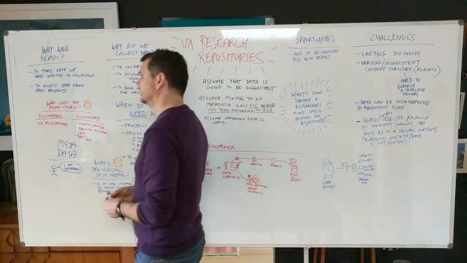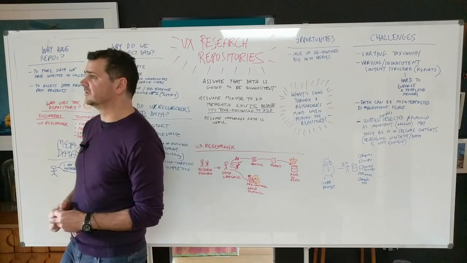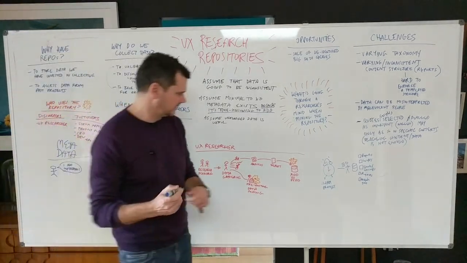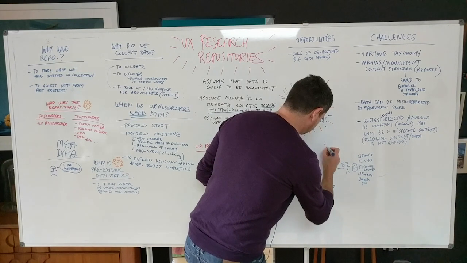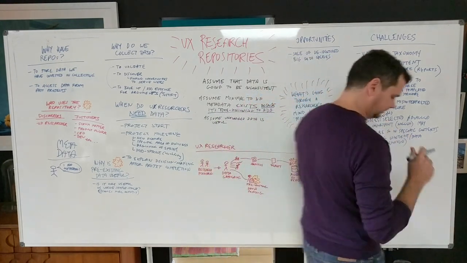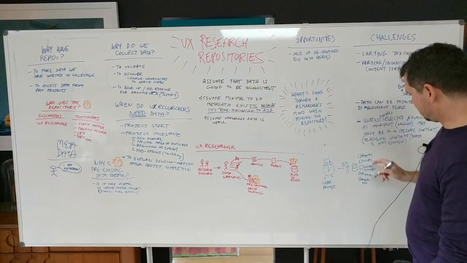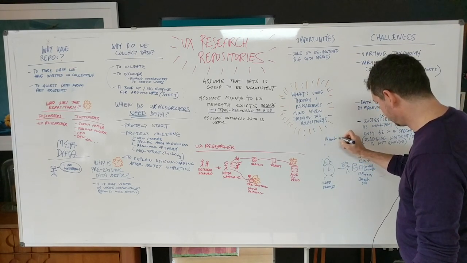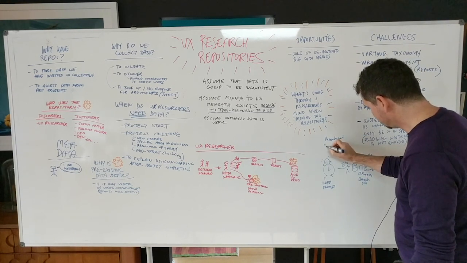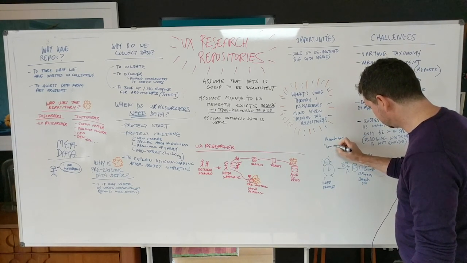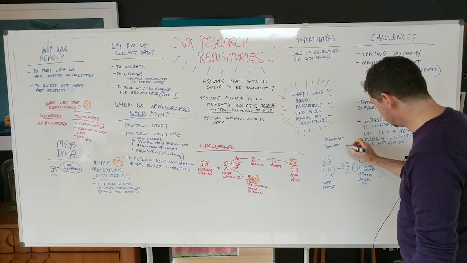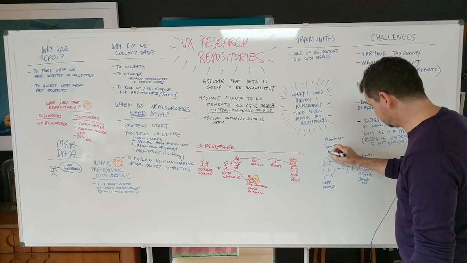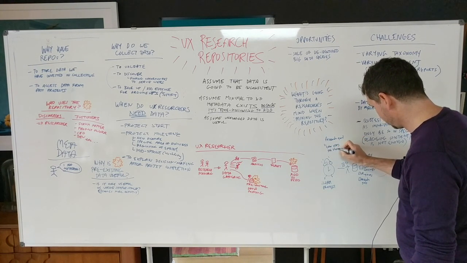Projects might be, if we search for, well, let's put our search query in there. One of our research goals. What do we want to know? How users set their alarm.